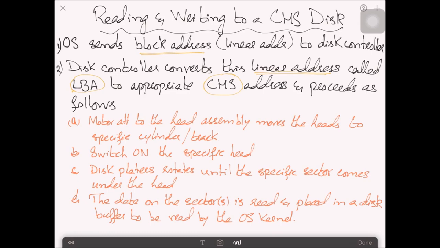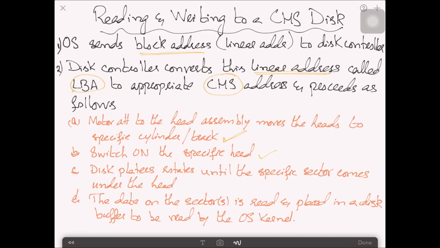And then the disk controller moves the motor attached to the head assembly so that the heads can be moved to the specific cylinder or track. After the heads have moved to the appropriate track, they switch on the specific head, whether head number 0, head number 1, 2 or 3.